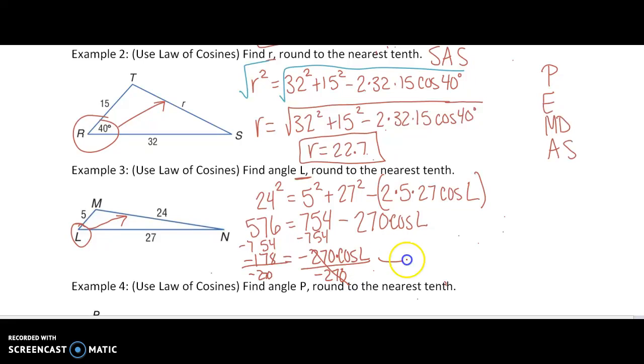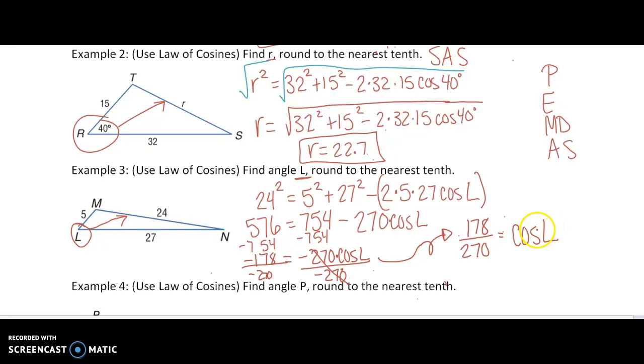And when I do that, I'm going to draw this right over here. I get that 178 over 270. Notice a negative divided by a negative is that positive, is equal to cosine of L. And then I need to get L by itself. So to undo cosine, I take the inverse cosine of both sides.